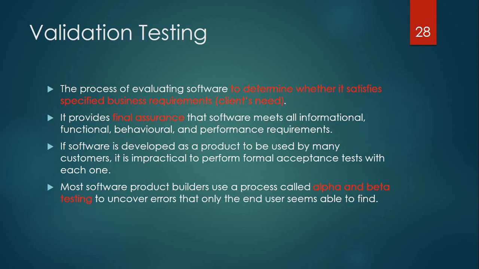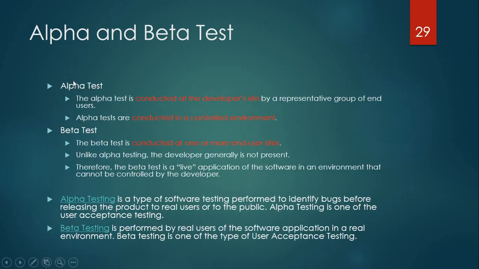Means if we have made software that can be run by 100 people simultaneously, then it is not possible to test in the developing environment. So for validation testing, we will have two types of testing. First one is alpha testing and second one is beta testing. So let's understand what alpha and beta testing are.